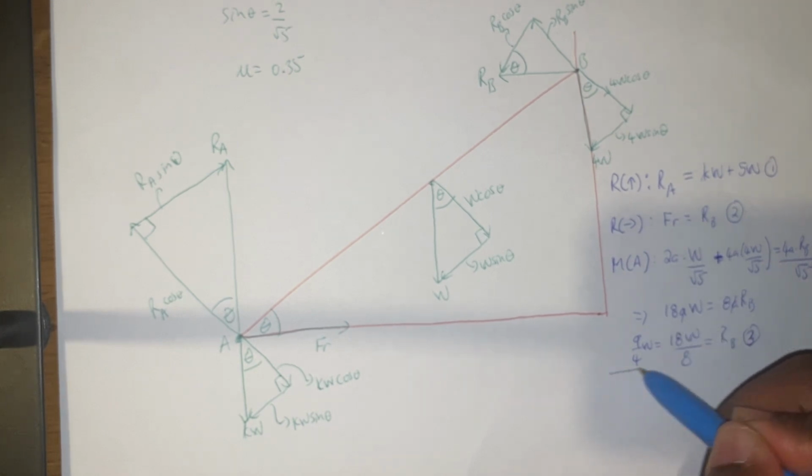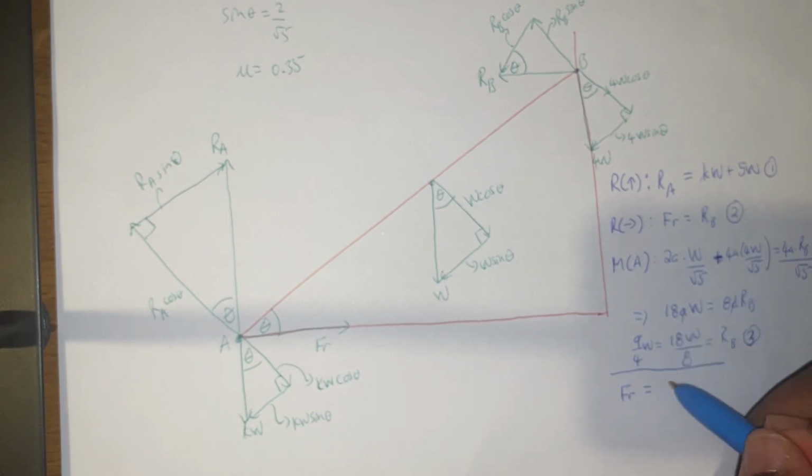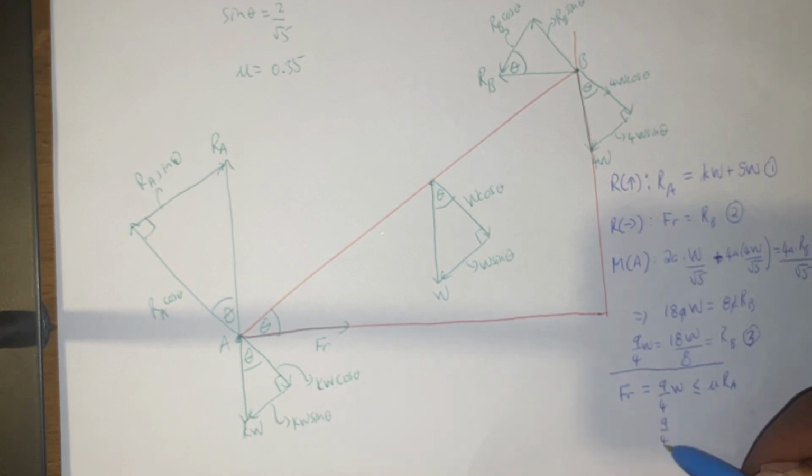That tells us, therefore, that friction is equal to RB, which is 9 over 4W, which is less than or equal to mu times RA. So 9 over 4W is less than or equal to mu, which we had worked out in the previous part to be 0.35, times RA. We know that RA is equal to this, so KW plus 5W.